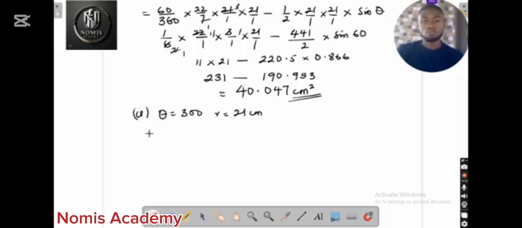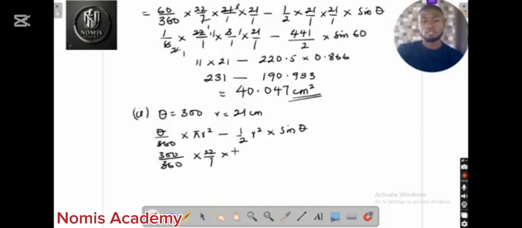So putting it into the formula, having known that the formula is theta over 360 multiplied by pi r squared minus 1 over 2 multiplied by r squared multiplied by sine theta, we can simply say 300 over 360 multiplied by 22 over 7 multiplied by 21 multiplied by 21 over 1, minus 1 over 2 multiplied by 21 over 1 multiplied by 21 over 1 multiplied by sine 300.